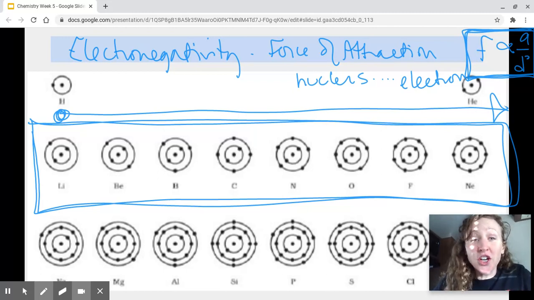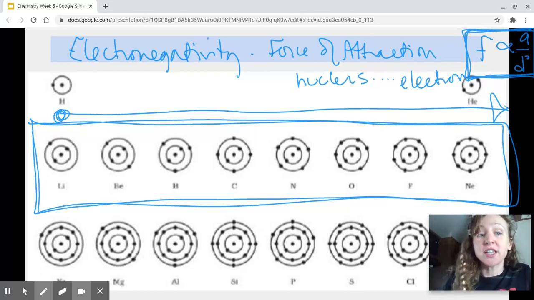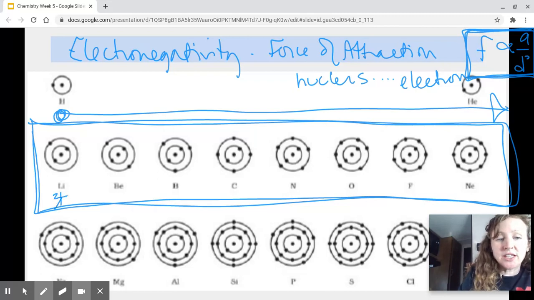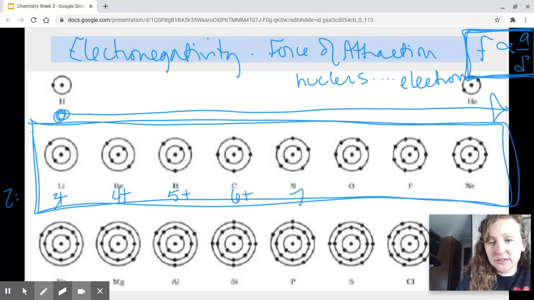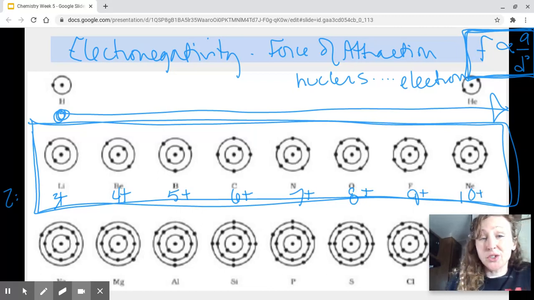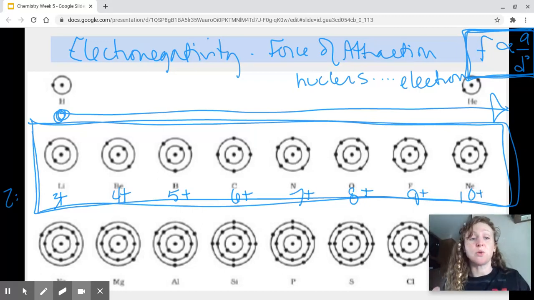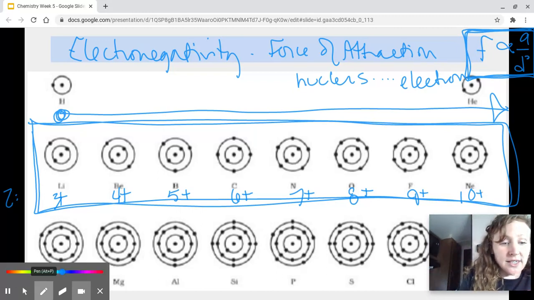So the charge is going to be our dominant force here. Yes, distance is going to change, but fairly slightly. Charge is going to change greatly. We just looked at this with ionization energy, where our nuclear charge is going to more than triple between lithium and neon. And so our charge is going to be our driving force here, our deciding factor.